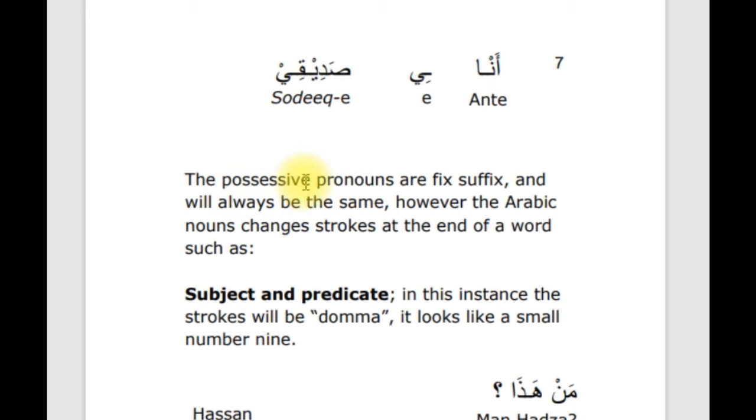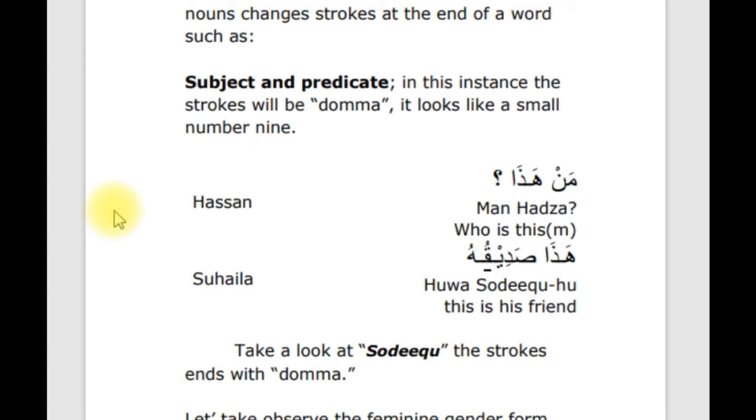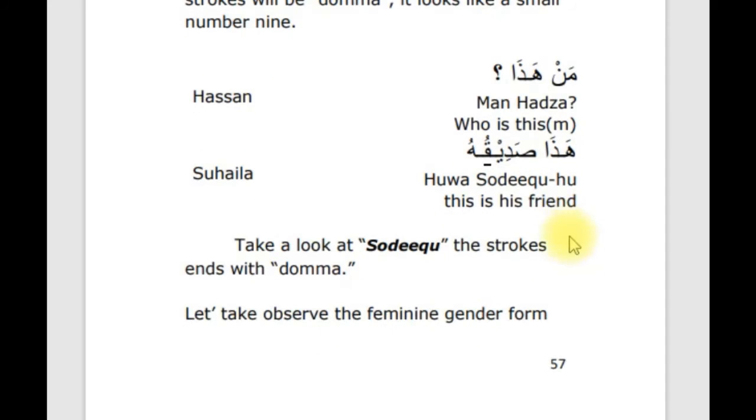The possessive pronouns are fixed suffixes and will always be the same. However, the Arabic nouns change strokes at the end of a word, such as for subject and predicate. In this instance, the stroke will be dhamma. It looks like a small number 9. Man haza? Who is this? Suhaila.